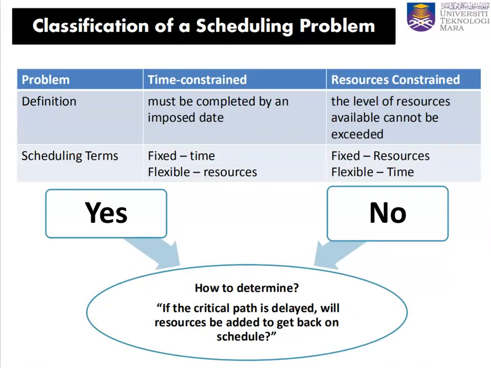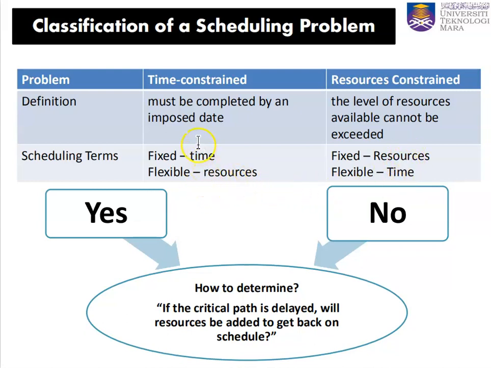So what are the scheduling problems that we could face? As I mentioned before, we could have a time constraint scheduling problem, or we can have a resource constraint scheduling problem. There are two types of constraint for scheduling problems.